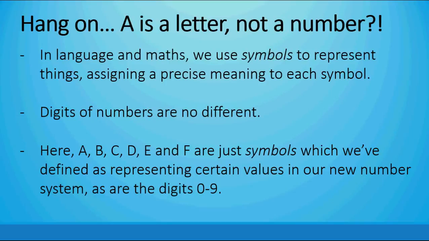So A is just a symbol that we define to be equal to 10. Or more accurately, A is a symbol that we define to represent 10 in our hexadecimal number system. Similarly with B, C, D, E, and F.